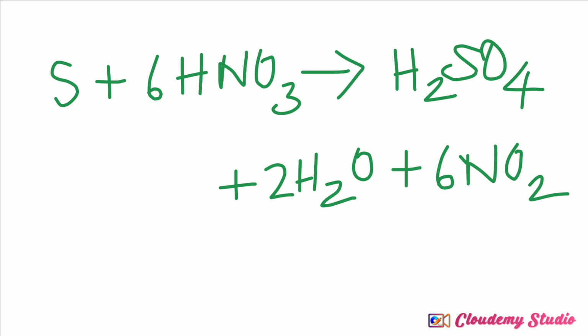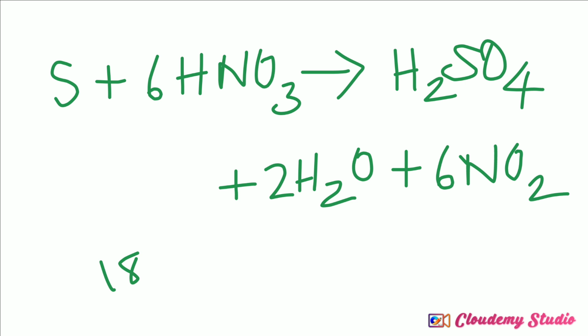Now when we check the atoms, sulfur both sides only 1 atom. Hydrogen atom left hand side 6. Right hand side in sulfuric acid 2 times. In water 2 times 2 is 4. So 4 plus 2 is 6. Hydrogen both sides equal. Nitrogen left hand side 6. Right hand side also 6 times. Oxygen left hand side 3 times 6 is 18.